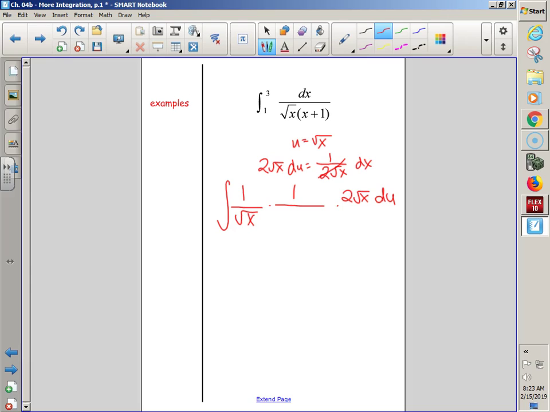So how on earth do I get u's in here? Isn't x the square of square root of x? Pause. Isn't x the square of square root of x?